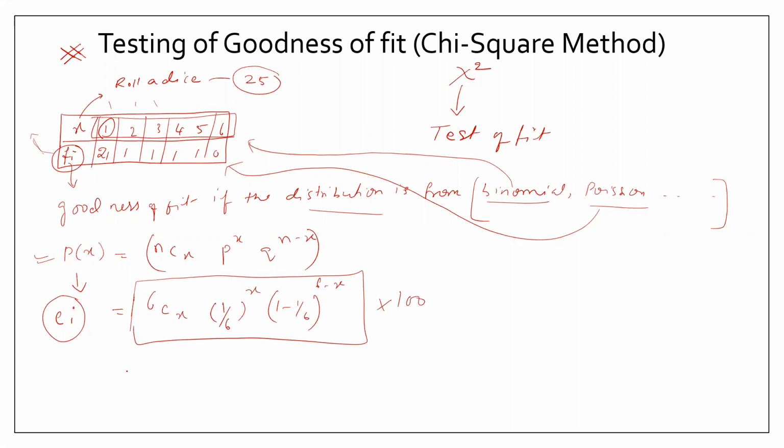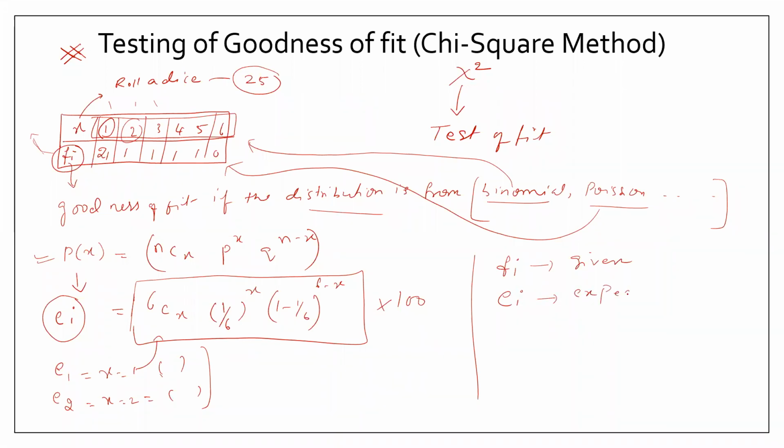So you will start getting your expected frequencies. E1 is the frequency when you put x equals 1 here. Then you get expected frequency E2 when you put x as 2, and so on. These values are called your expected frequencies. So two concepts are important here. One is the theoretical frequencies, which most of the time will be given, and we have to find the expected frequencies.